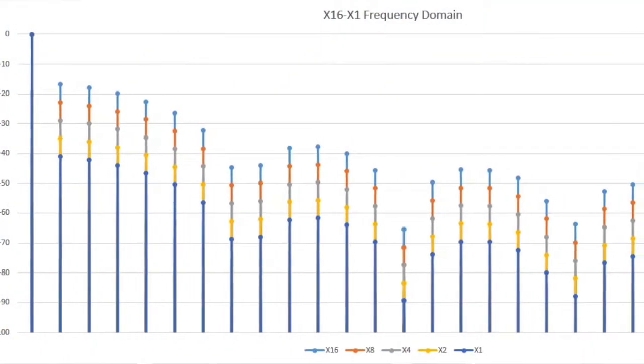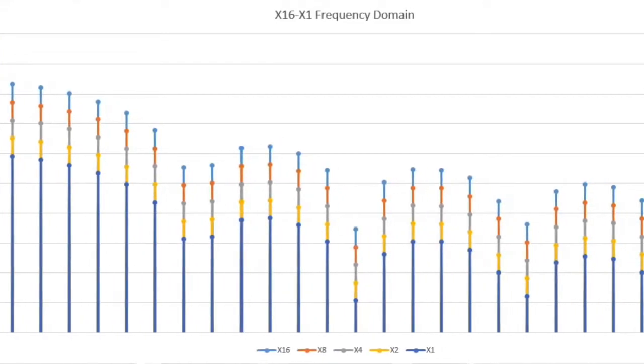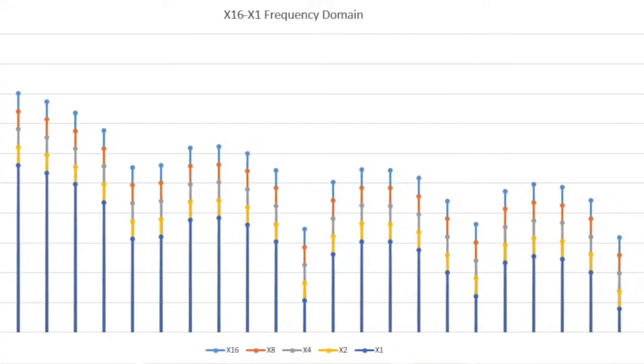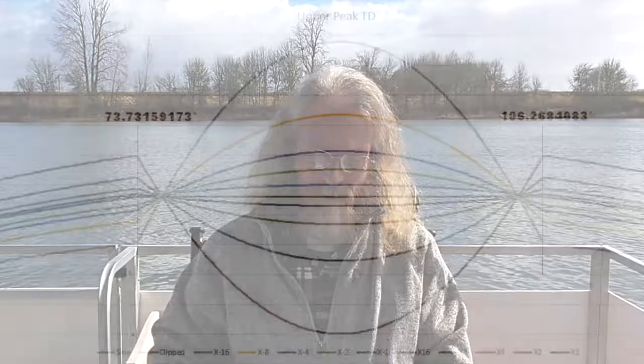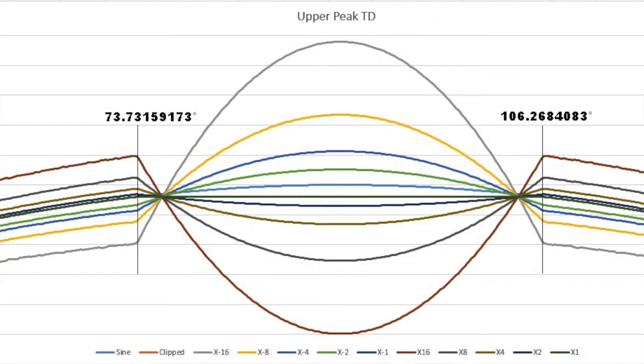Okay? And then showing that law 2 is true, looking at the spectrum, you see that I have 1, 2, 3, 4 humps. Four humps because the angle on the positive side is 73.7 degrees and 106.2 degrees.